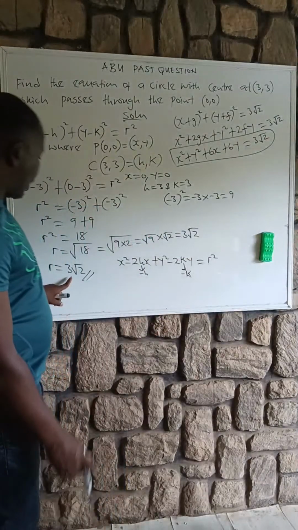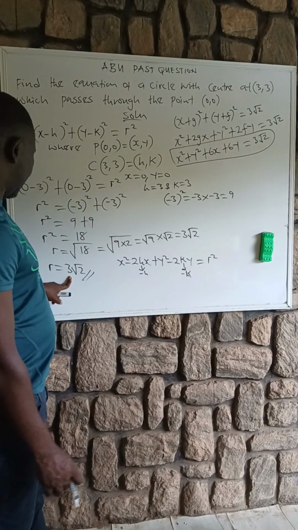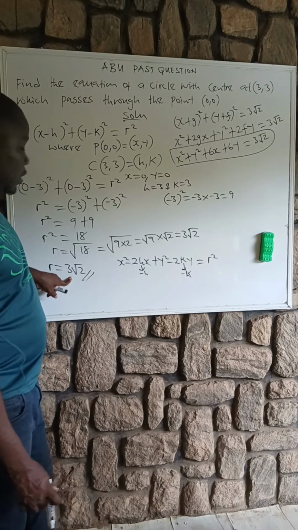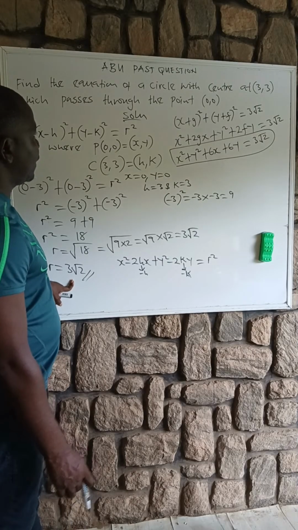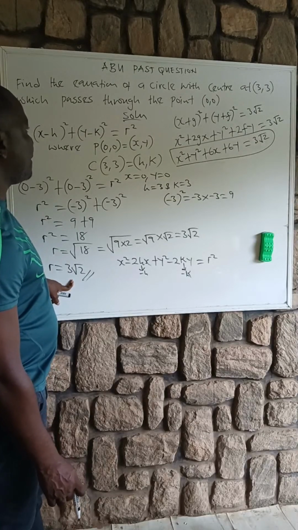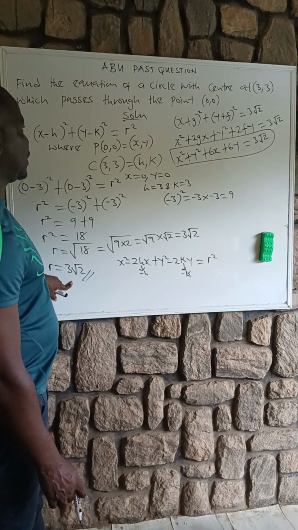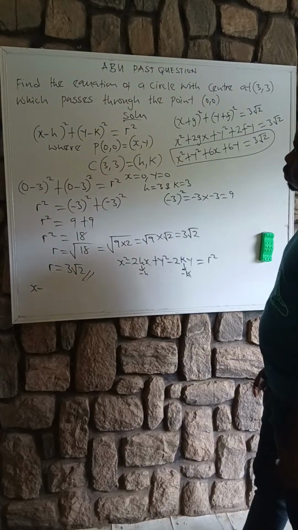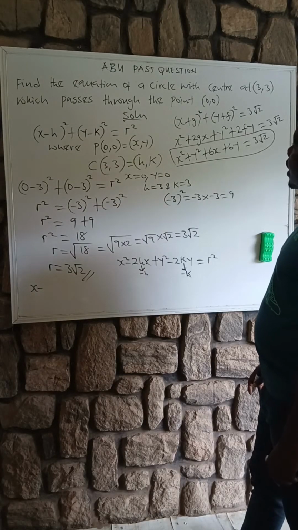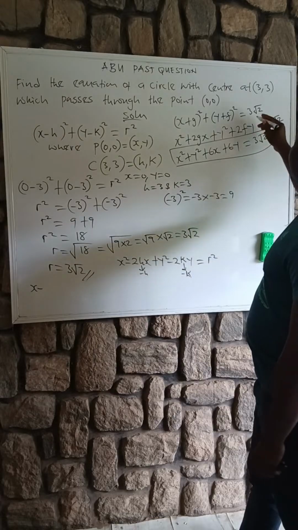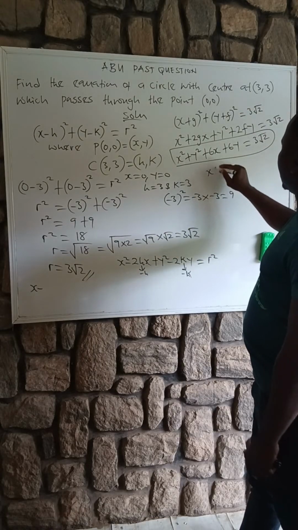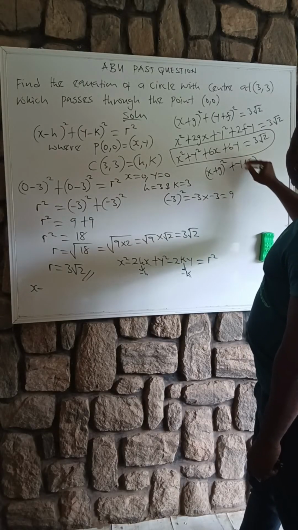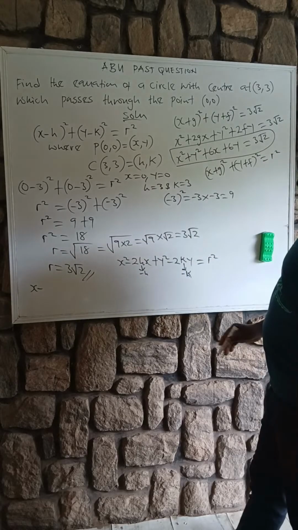So if this and this are negative, definitely this is how it will be, because your r square is given as this. We're able to obtain our r here. R is this. So it means here supposed to be (x plus g) all in square plus (y plus f) equals r square, right?